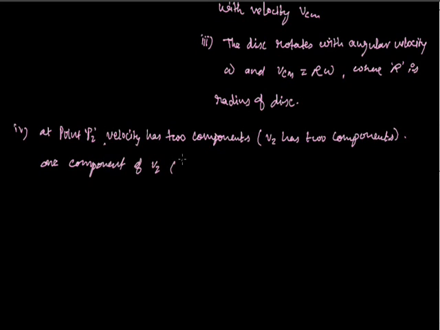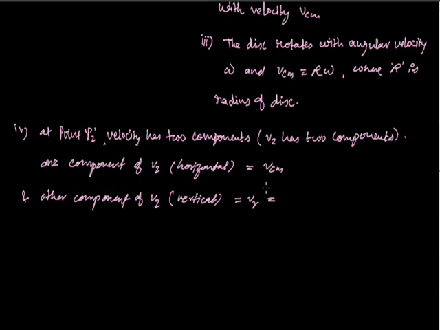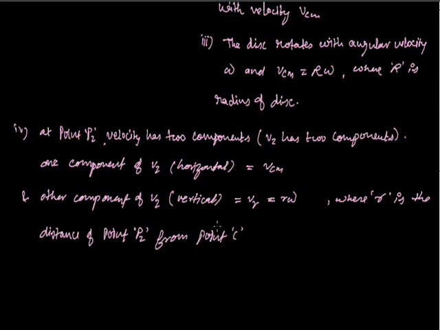One component of V2, that is horizontal, is equal to Vcm, and the other component, the vertical velocity component, is equal to Vr equals small r omega, where small r is the distance of point P2 from point C, the center of mass. At point P naught, the linear velocity is just opposite to the translatory velocity Vcm.